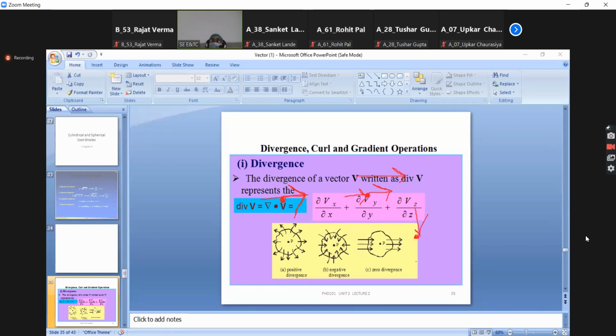In mathematics you have studied this, but this particular phenomenon you see in your day-to-day life. So that is positive divergence, negative divergence, and zero divergence.